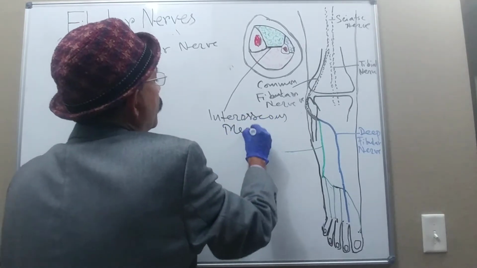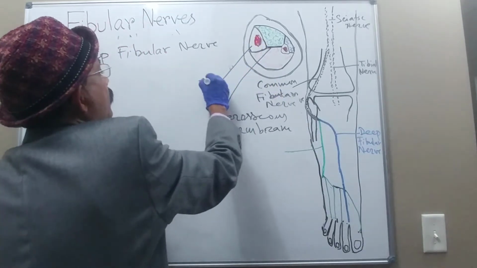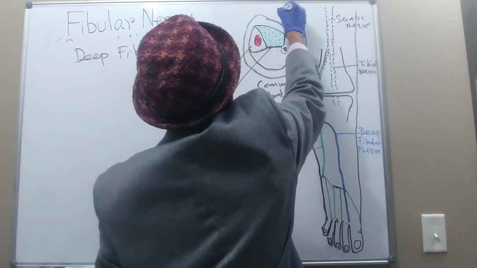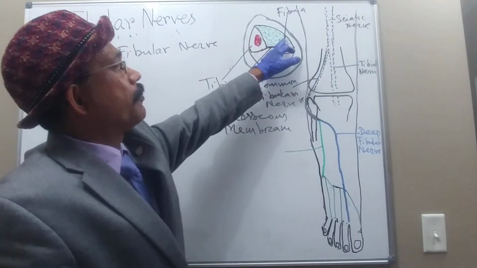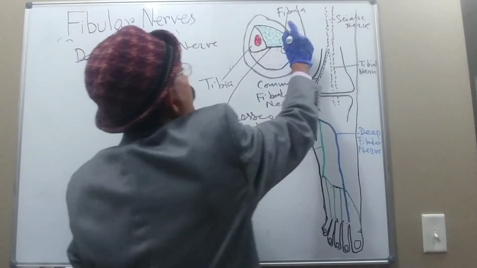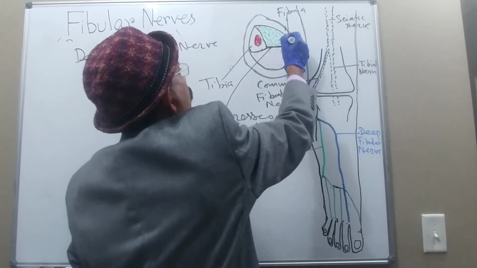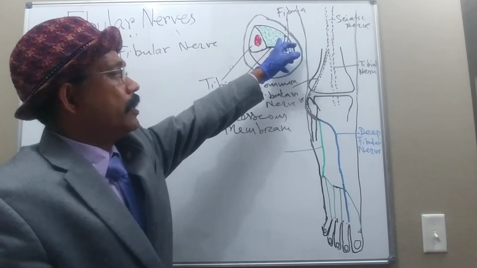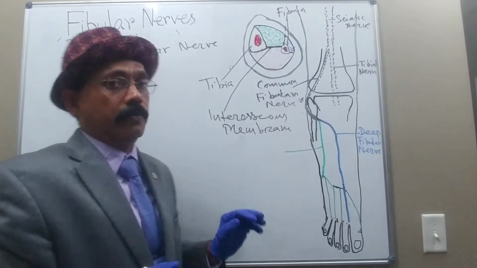Okay, this is the tibia. This is the fibula. So this is the septum here. And we have the septum here. The septum is penetrated by the deep fibular nerve and it supplies these muscles.